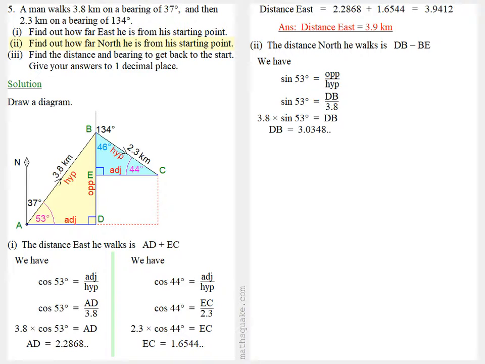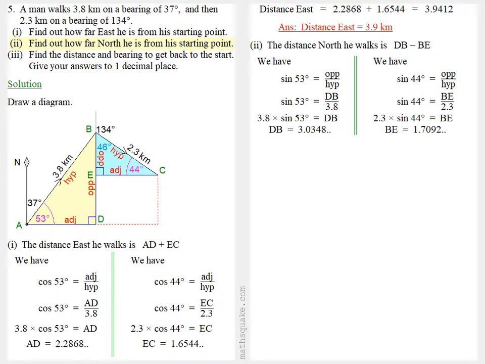In the triangle BEC, the side BE is the opposite side, and we already know the hypotenuse, so again we use sine of the angle is opposite over hypotenuse. So the sine of 44 equals BE over 2.3, or multiplying by 2.3 we get 2.3 times sine 44 equals BE.